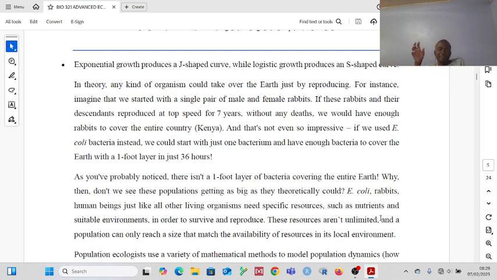Because every ecosystem comes with a carrying capacity. So as the numbers of that particular organism in the population you are monitoring approach the carrying capacity of that ecosystem, the growth curve will begin to flatten. So it now forms the S shape.